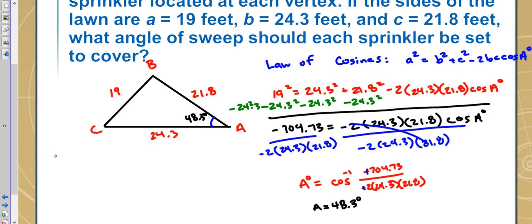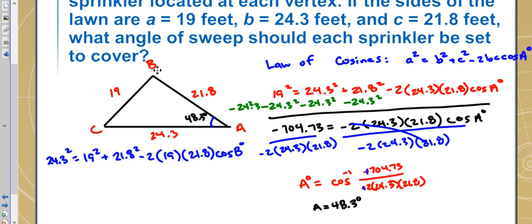Let's find angle B. So here we would say that B squared, side length B squared, which we know what that is, that's 24.3 squared, equals A squared, which is 19 squared, plus C squared, which is 21.8 squared, minus 2 times A, which is 19, times the 21.8, times the cosine of B, and that's in degrees.